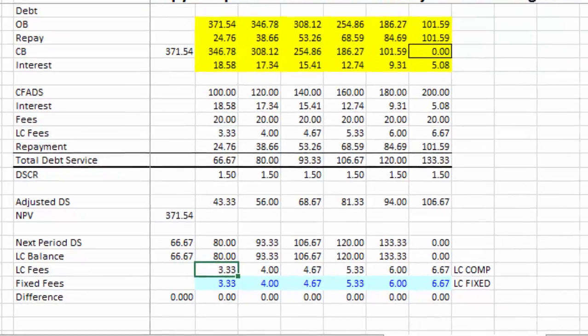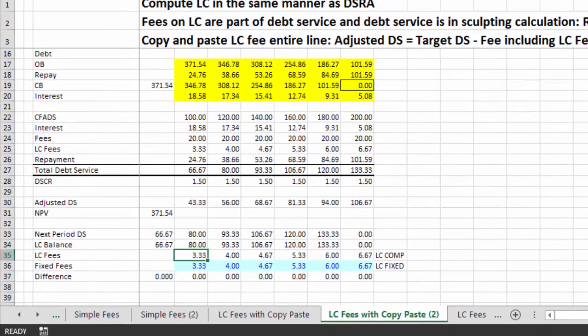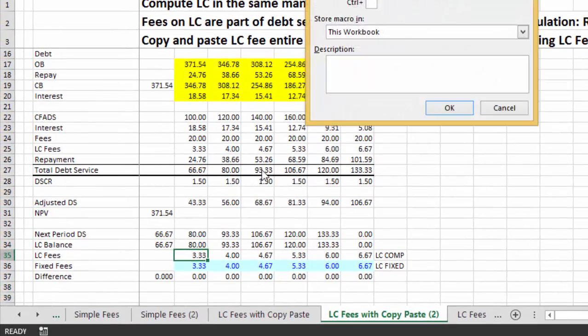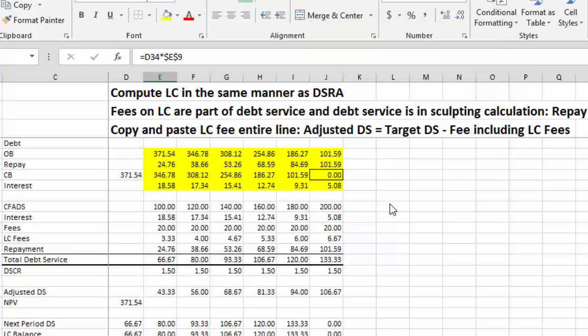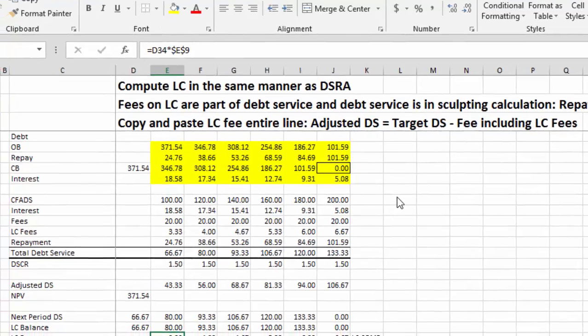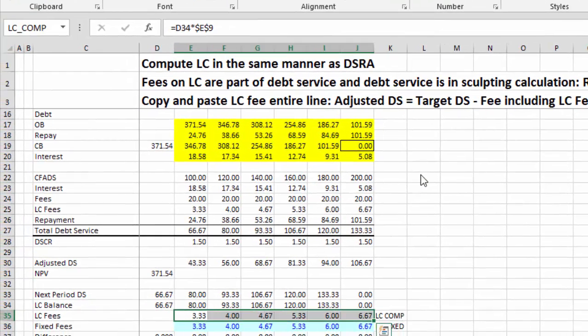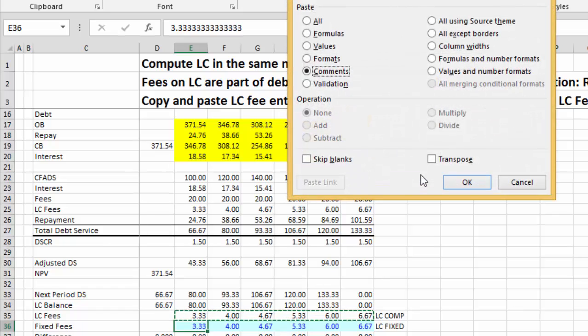Let's start recording a macro, Shift Control M if you've got the generic macros, and then I'll put LC copy paste. Okay, and then we go always to the computed, Control SV values, and copy it to the fixed.